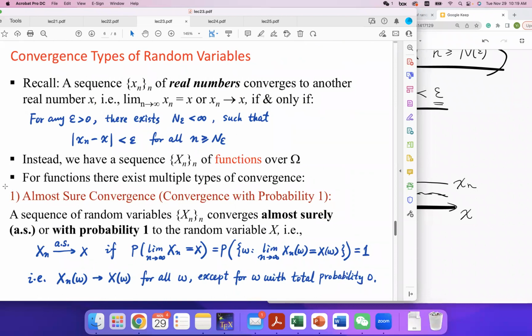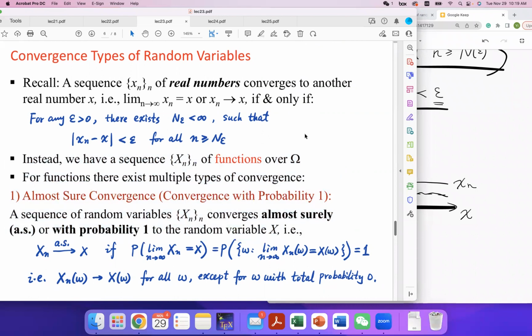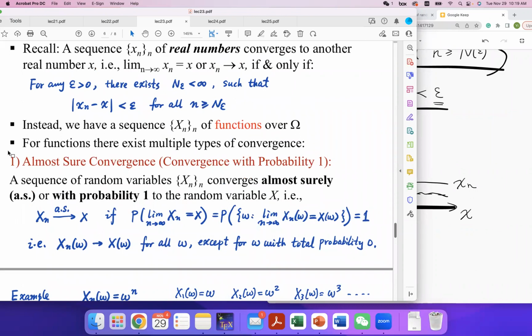The first type of convergence, and today I will only cover this one, is one of the strongest convergence types of random variables. We call it almost sure convergence, or convergence with probability 1.